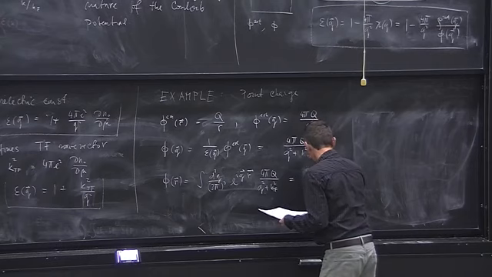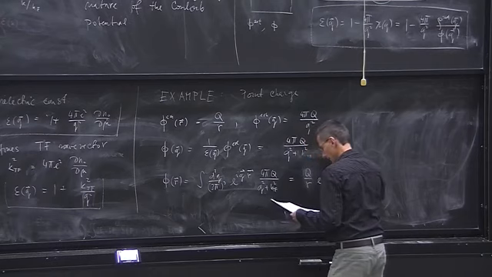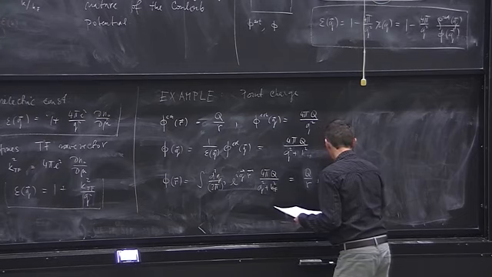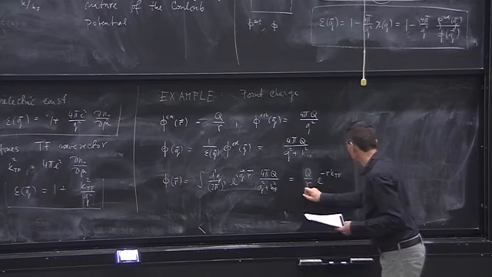And it's q over r times e to minus r times k Thomas-Fermi.